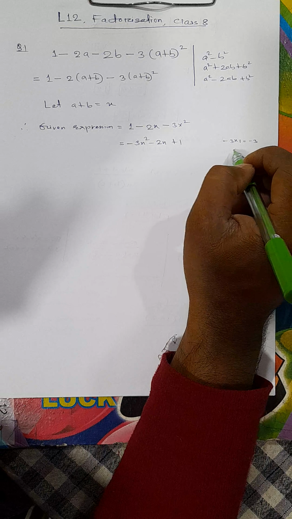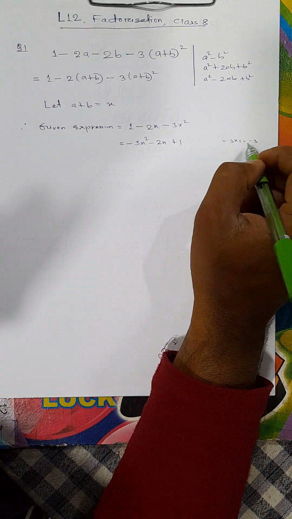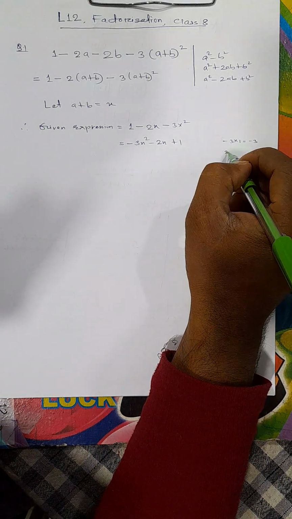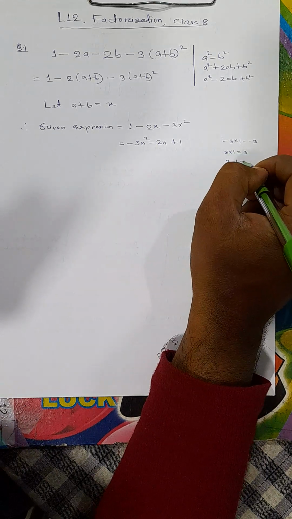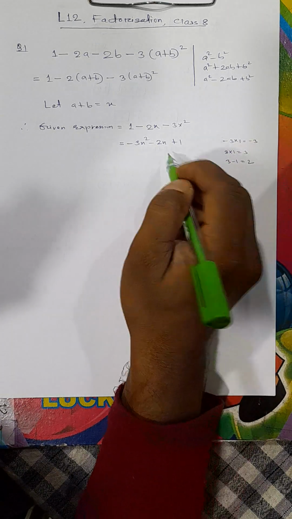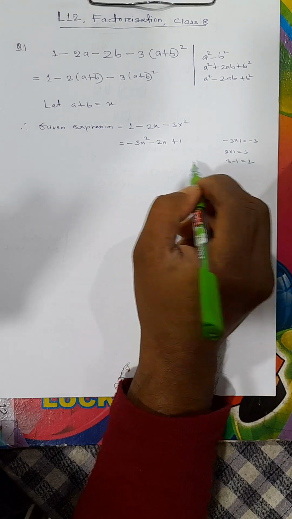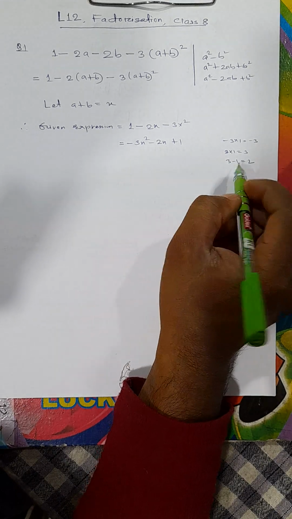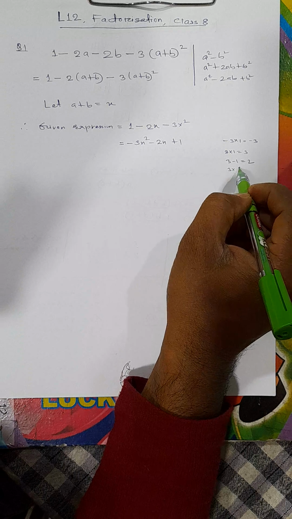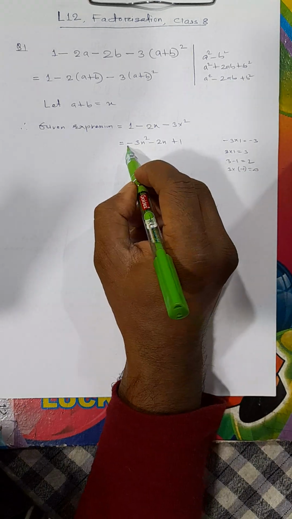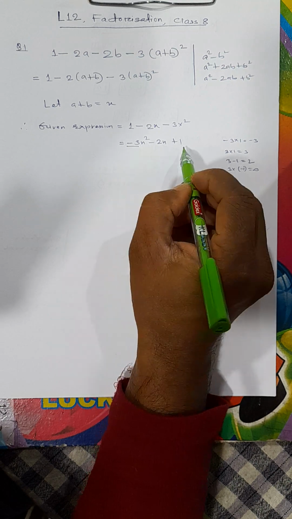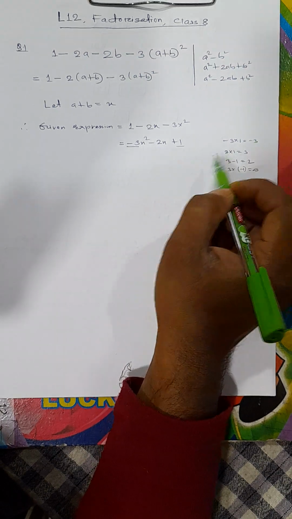Now let us factorize the middle term. 3 can be factorized as 3 and minus 1: 3 minus 1 equals 2. So the middle term can be expressed as a difference of 3 and 1, and 3 multiplied by minus 1 is minus 3. That means the product of the coefficients of the first term and the third term is minus 3.